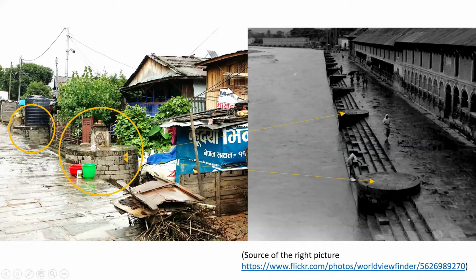These cylindrical drum-like stone structures we can see here, inside the yellow circle, are similar to the structures we can see in this 1960s picture. So in the course of time, the river became narrower, and now these informal houses are situated on the land where the river used to flow in the past.